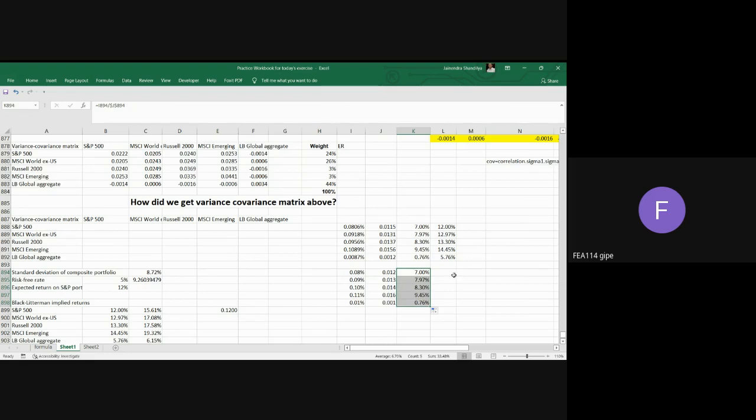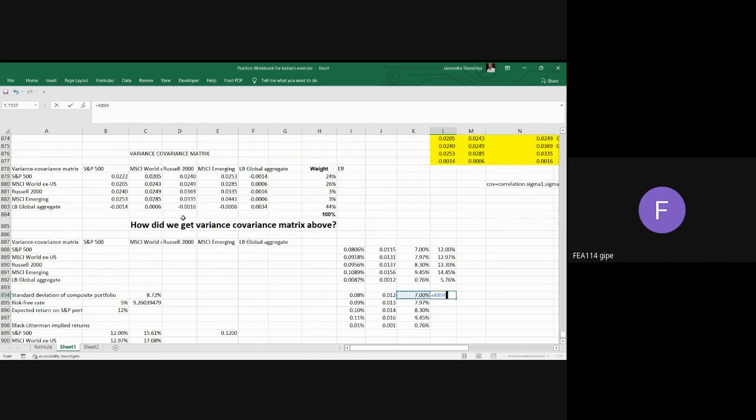In the next column, I will add the risk-free rate, because that is one of the ways in which we adjust the return. So 7% plus the risk-free rate return is this one. I'll use a dollar sign, sorry, I made a mistake. So this one plus this one, with a dollar sign, and I calculate it.